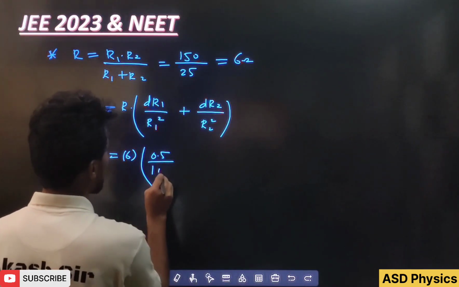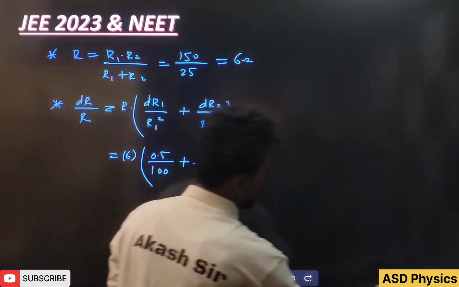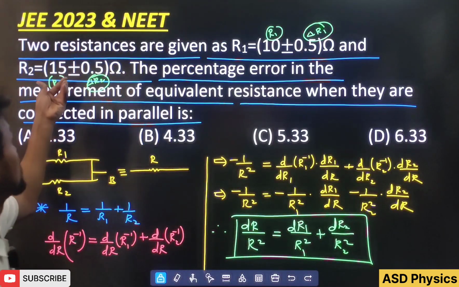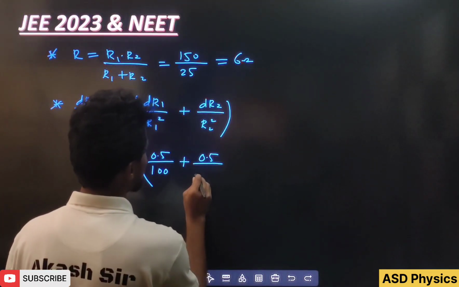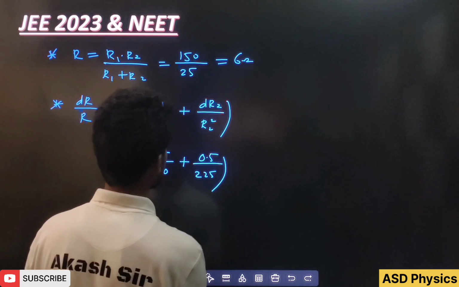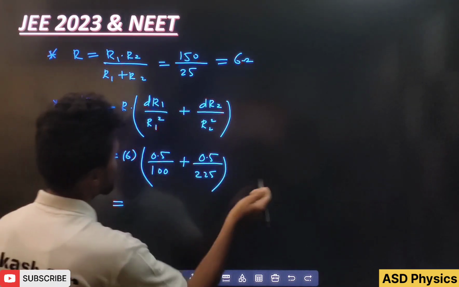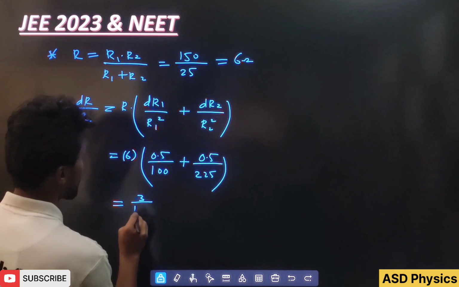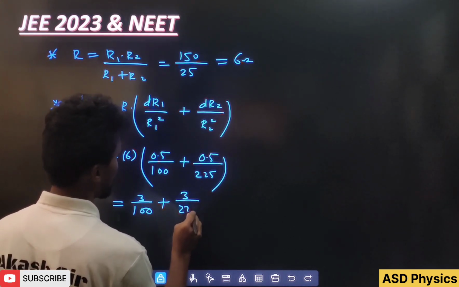The dot should not go wrong. Plus dR2, again 0.5, by 15 square. 15 square means 225. Now if I multiply with the 6 inside, it will come 3 by 100 plus 3 by 225.